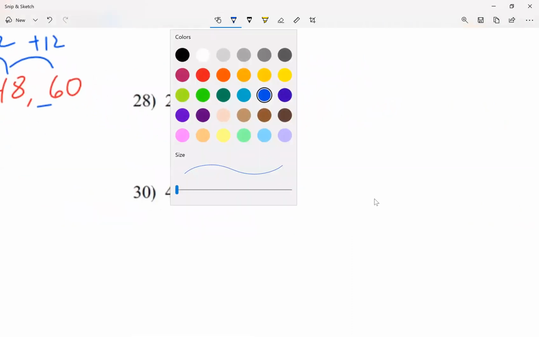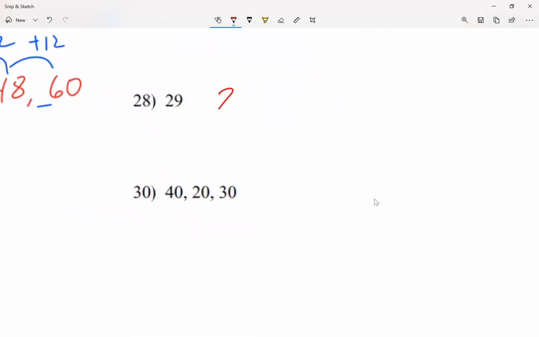I'm going to do the multiples of 29. So I'm going to start with 29, right? This is how I do multiples. I'm going to start with 29, and then each time I'm going to add 29 more. So 29 plus 29 is 58. Plus 29 is 87.